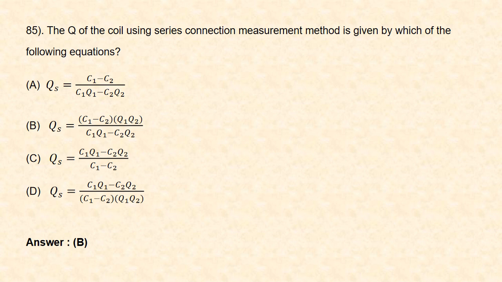Here C1 and C2 are the two different capacitors which operate at different frequencies, and Q1 and Q2 are their corresponding quality factors. So option B is the correct answer.